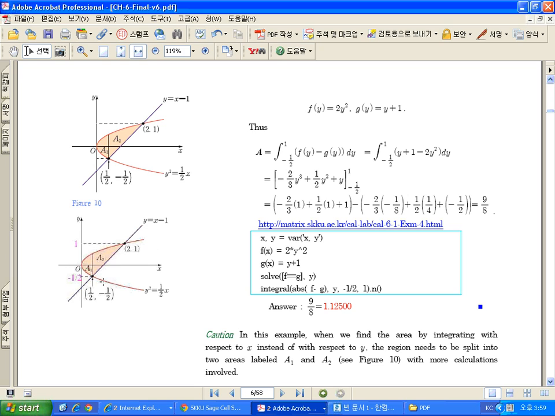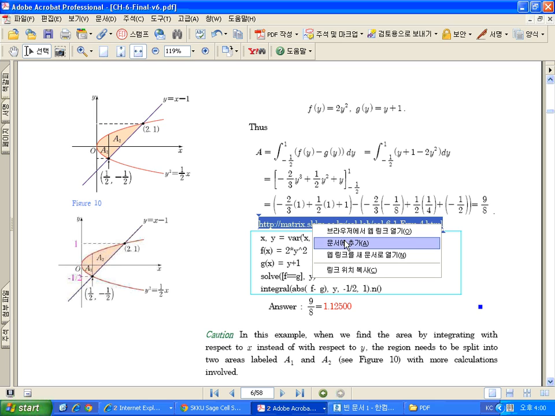So integral from −1/2 to 1 of f(y) minus g(y). Since y = x − 1, x = y + 1 here, and here x = 2y². So just doing the integration, you get 9/8, like what you have.